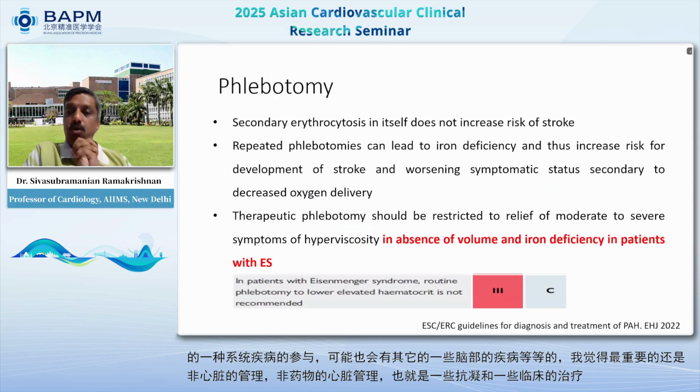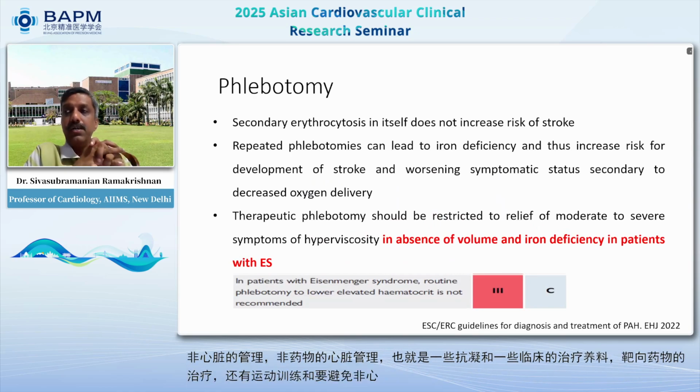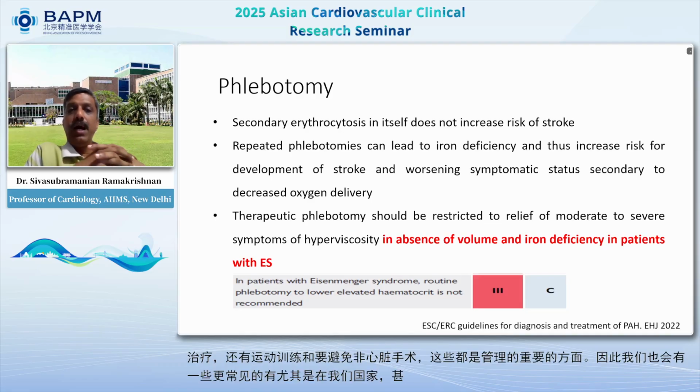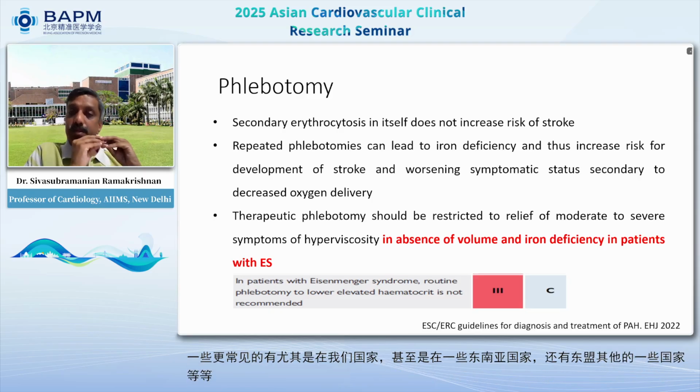Some of the more common issues, especially in our country and even Southeast Asia, and some of the SAARC countries, the South Asian countries also: phlebotomy is carried out without a reason. Secondary erythrocytosis by itself doesn't increase the risk of stroke, but repeated phlebotomy can lead to iron deficiency, and that can increase the risk of stroke.